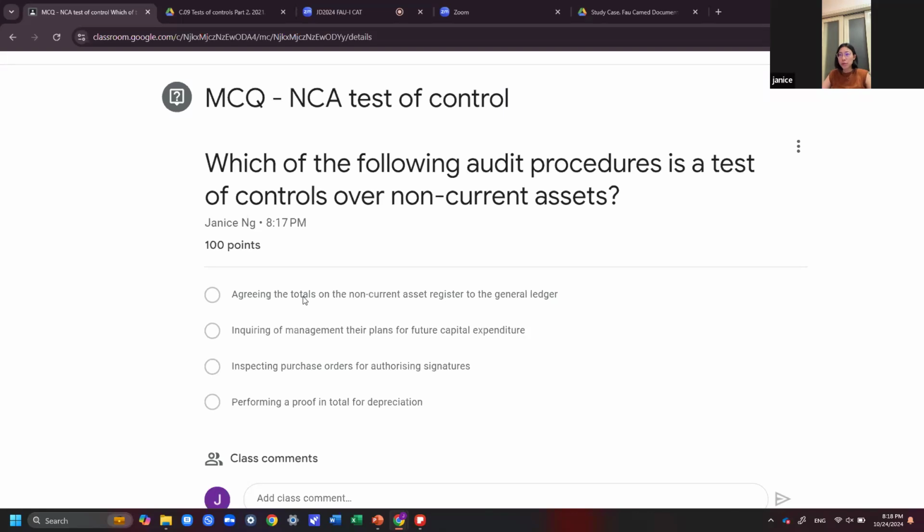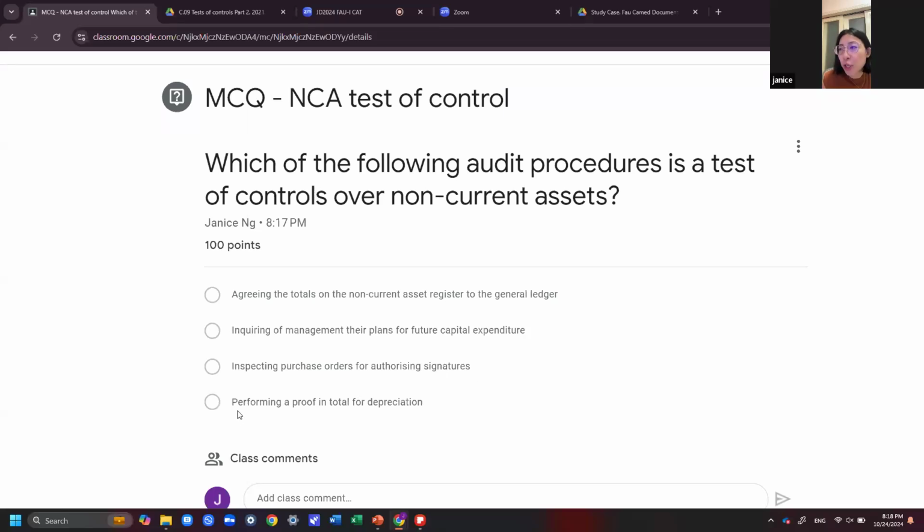Agreeing the totals on the non-current asset register to the general ledger. Inquiring of management the plan for future capital expenditure. Inspecting purchase orders for authorizing signature.